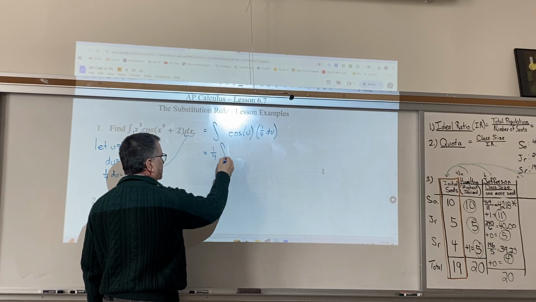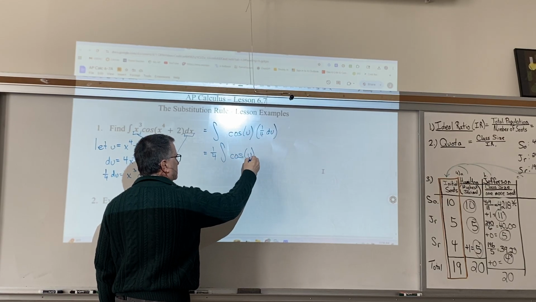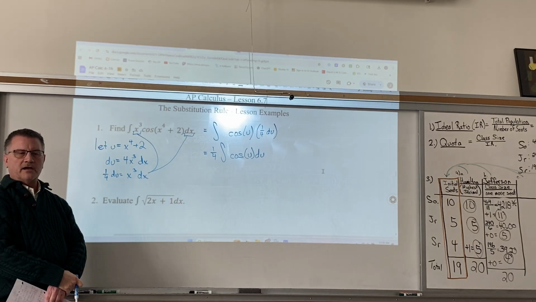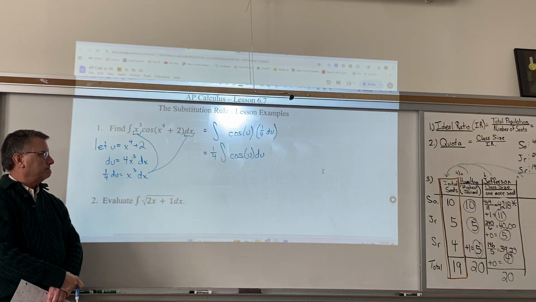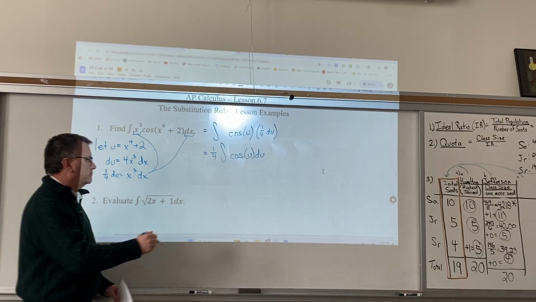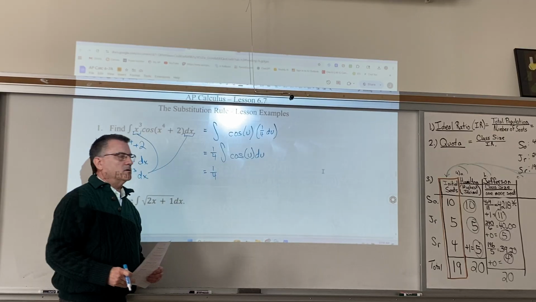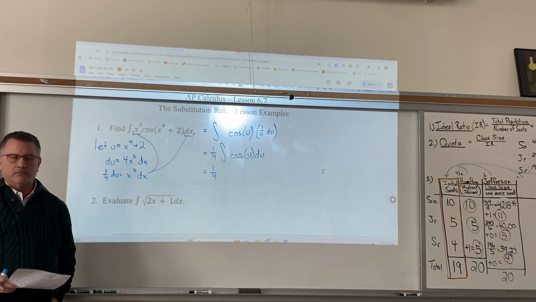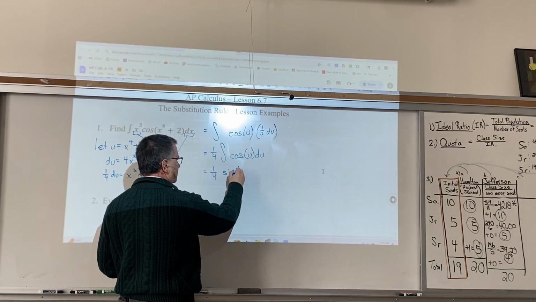And then do the integral of cosine of u. Gotta have the du because you've changed your variable from x to u. I got this 1/4 outside. Hey, what's the integral of cosine? Sine, right? So that just becomes sine of u.